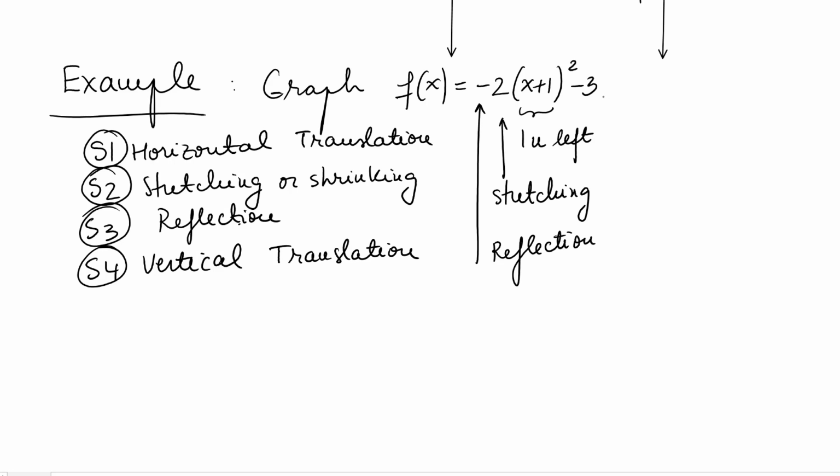And this is vertical translation. So this is step 1, step 2, step 3, and step 4. So what I'm going to do, I'm going to graph the parent function, and then I'm going to graph each individual transformation, and then I'm going to put them all together.